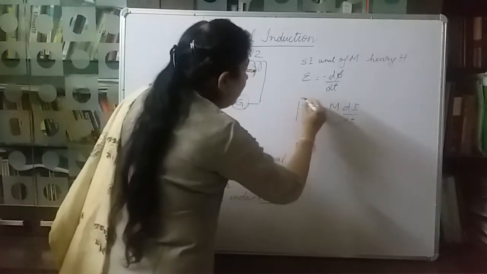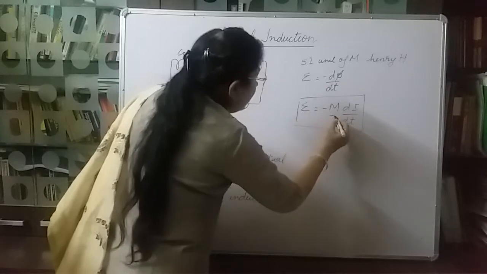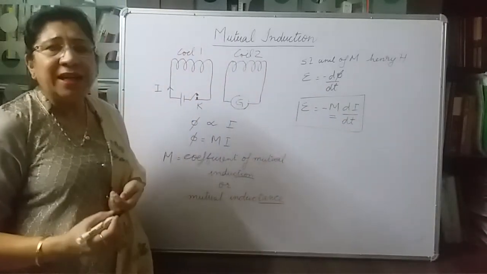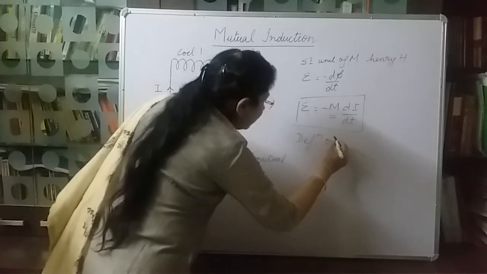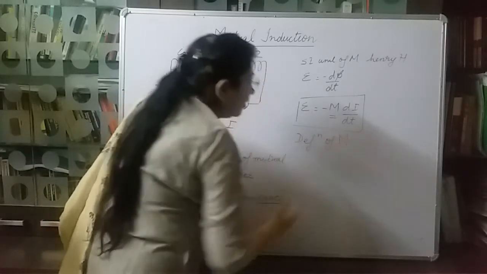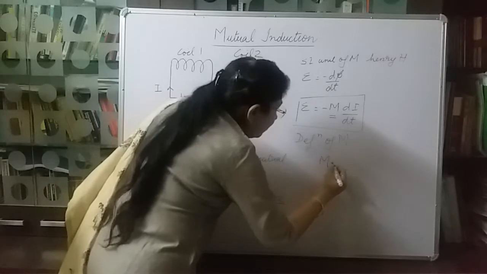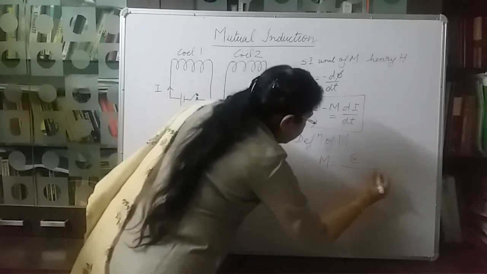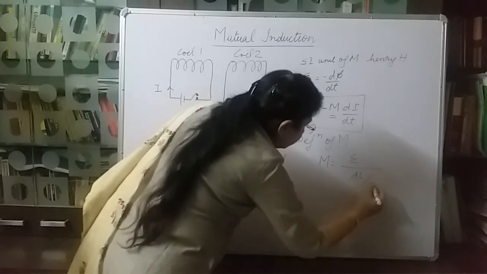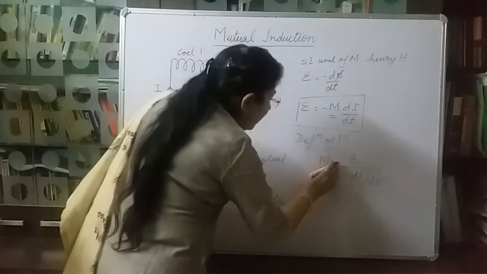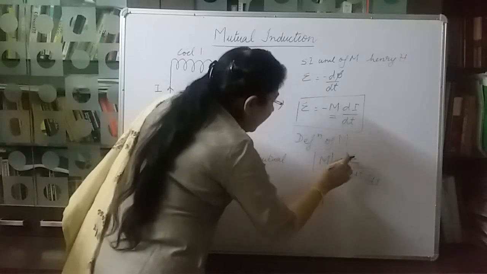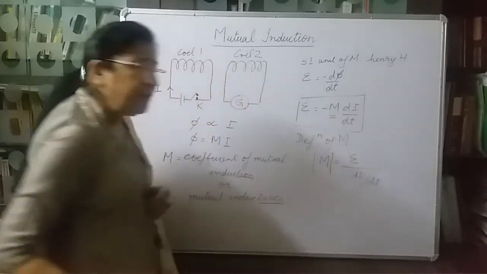From this formula, we can define mutual inductance. Let us take M. M would be, we can write a minus sign here, or simply we can take the magnitude of M and remove the minus sign.